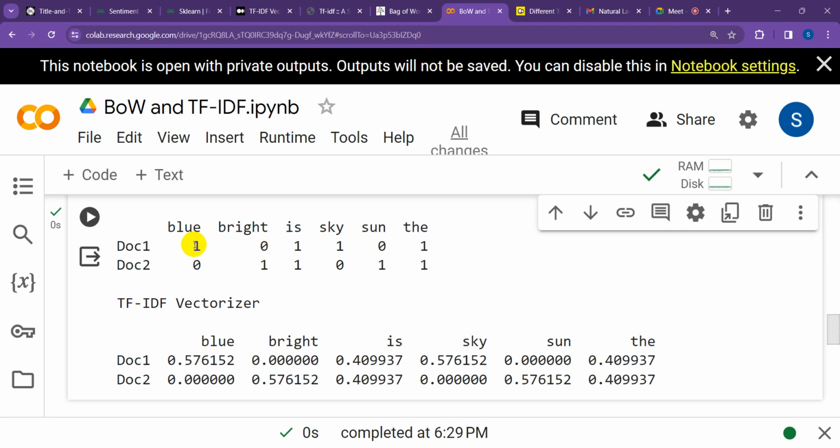Let me help you with this. In the bag of words representation, this entire thing you will take as the feature vector for the first document. And this is not adding any additional information to you. This is just the raw count it is giving.